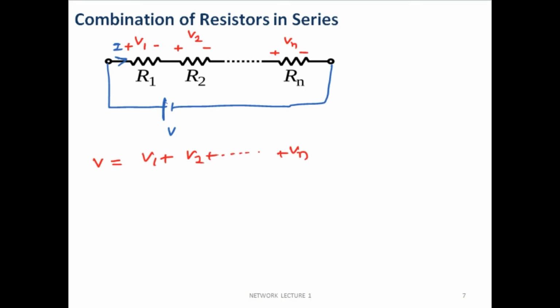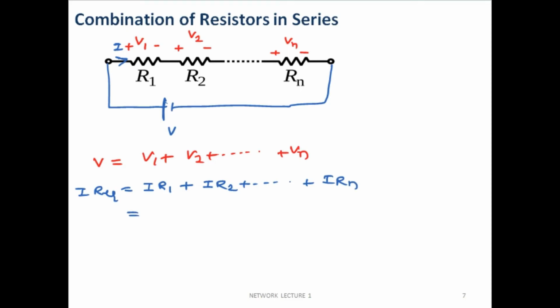Now this V is equal to I into R equivalent. Okay, so what is V1? V1 is the voltage drop across the resistance R1. So by Ohm's law we can write V1 is equal to current I into R1, because they are connected in series so the current remains the same. Similarly V2 will be equal to I into R2, plus so on up to I into Rn.